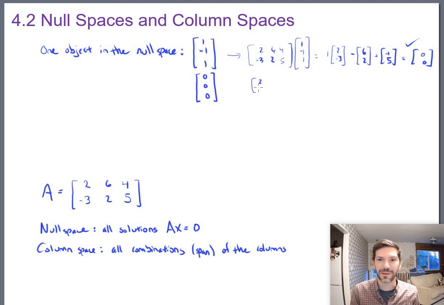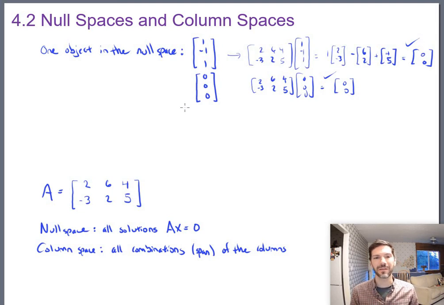So it's also true that if you take 0 of the first column and 0 of the second column and 0 of the third column, that you will get a 0 vector as a result. So there's a check that this object is also in the null space. There are lots of other objects in the null space as well, but there's 2 of them. There we go. 2 objects in the null space.